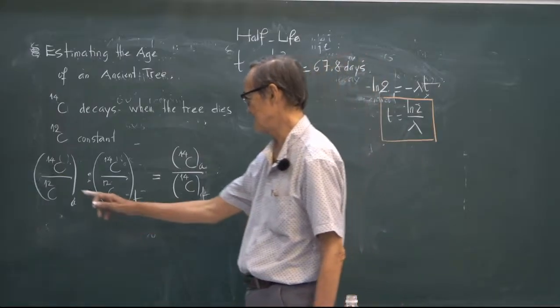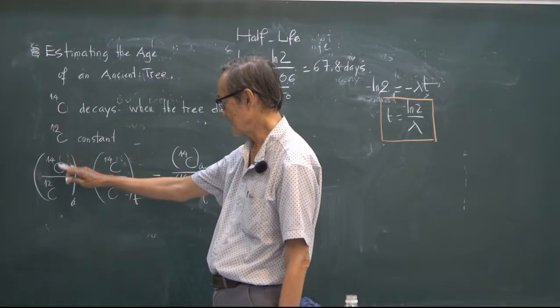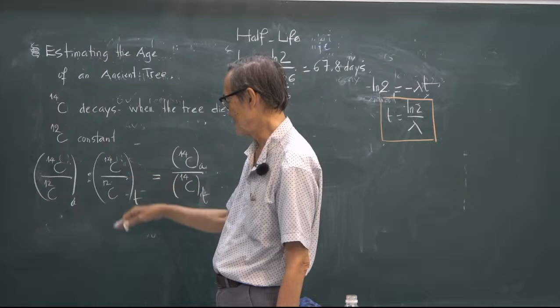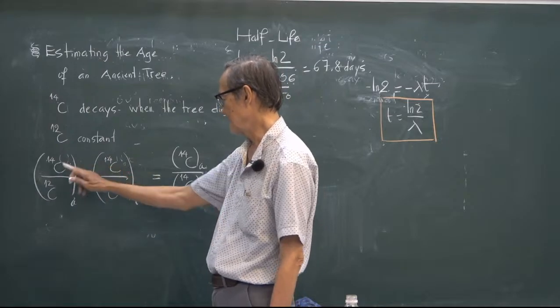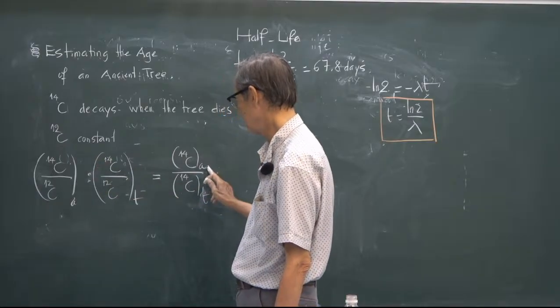So the ratio equals the ratio of the carbon-14 in this ancient tree.